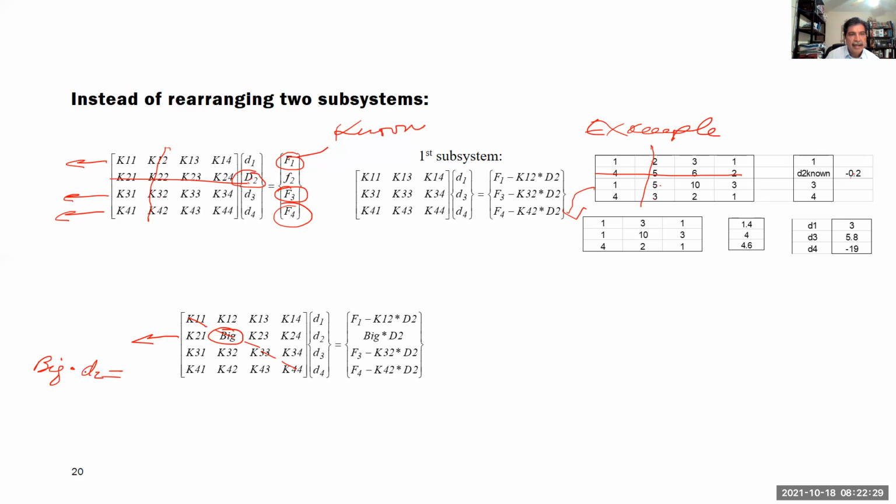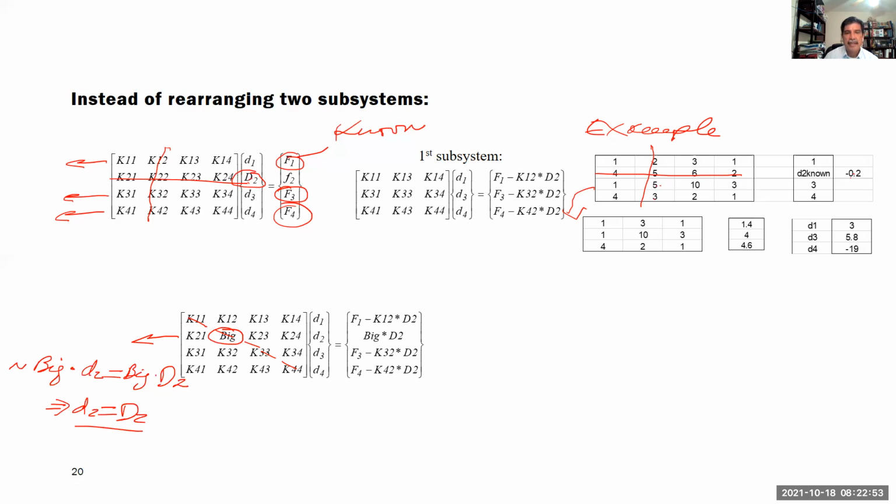On the right-hand side is an approximation. We say that this is equal to big times D2. So the solution of this equation, since this is big, is going to be that D2, the unknown, is going to be D2. So we recover what we have to do, and the rest is just solved by itself.